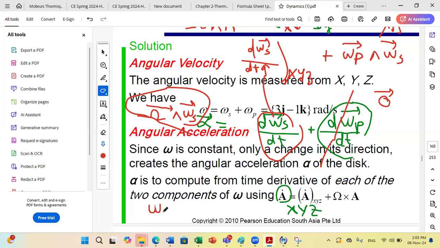So the change in direction will result in an acceleration vector that is perpendicular to both, to the plane formed by omega p and omega s. And since the plane of omega p and omega s is YZ, the angular acceleration due to change in direction will be along I, because this one is along K and this one is along J. So the vectorial product will be along I.